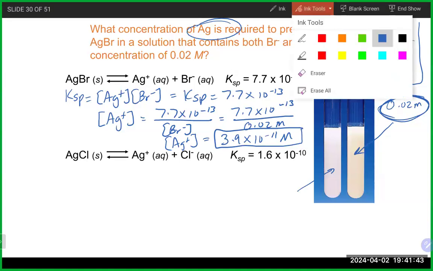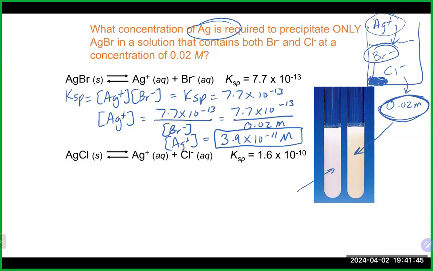So, we could also do a similar calculation here for silver chloride. We could write our KSP, which would be our silver ion times our chloride ion, and this equals 1.6 times 10 to the minus 10.